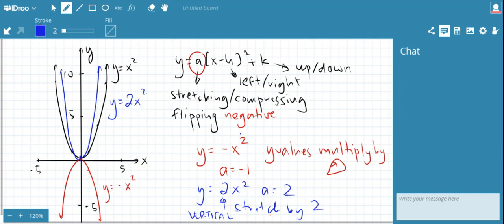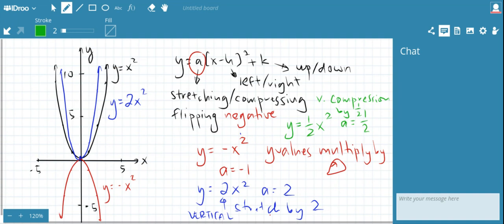You can also get a vertical compression, and that's if the number is less than 1. For example, y equals 1/2 x squared. So a equals 1/2, and this is a vertical compression. I'm squishing it down by 1/2.